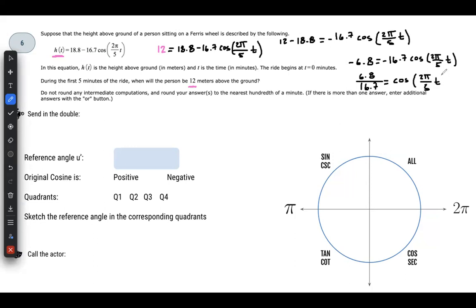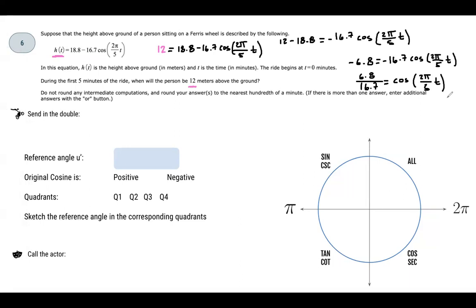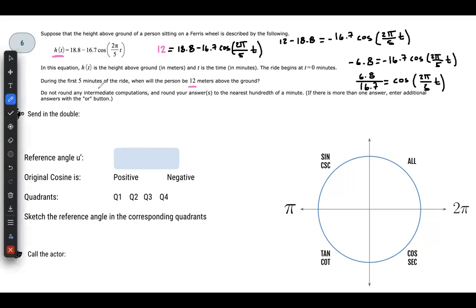So just like there are stunt doubles, we're going to need a stunt double. And we're going to call our stunt double, I'm going to use another color, I'm going to call it U. And U is going to take the value of 2 pi over 5t.